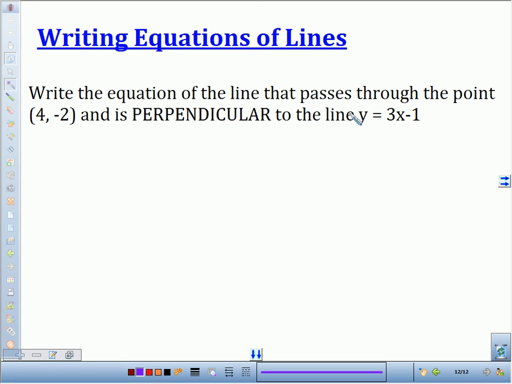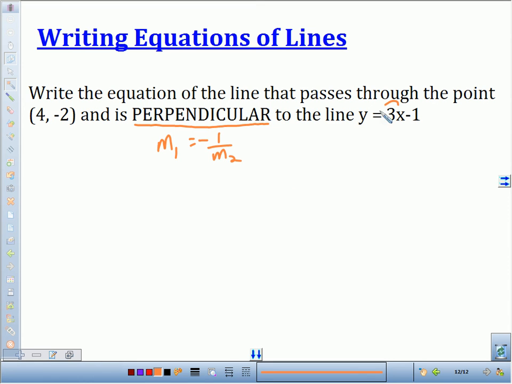We might be told that the two lines are perpendicular, which means that they cross at 90-degree angles. If two lines are perpendicular, that means that their slopes are opposite reciprocals. So we have the slope of one line. To find the slope of the other, we take the reciprocal and we change the sign.